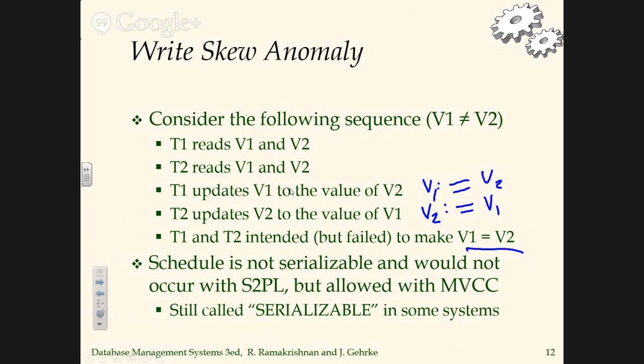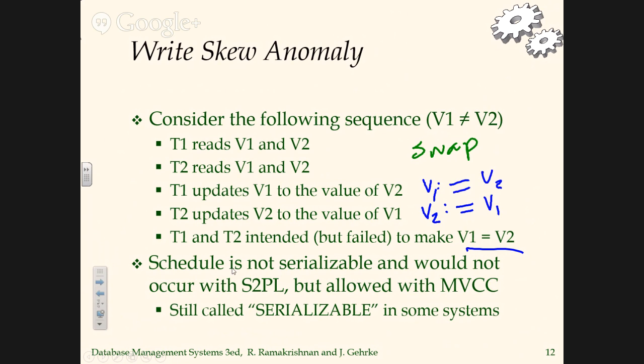So this could be something like two triggers deciding to balance two values, and their updates are being made by different transactions. So what you actually have at the end is a swap of the two values, which is not what you intended because you wanted to keep them the same. And if they were not the same in the beginning, they won't be the same at the end.